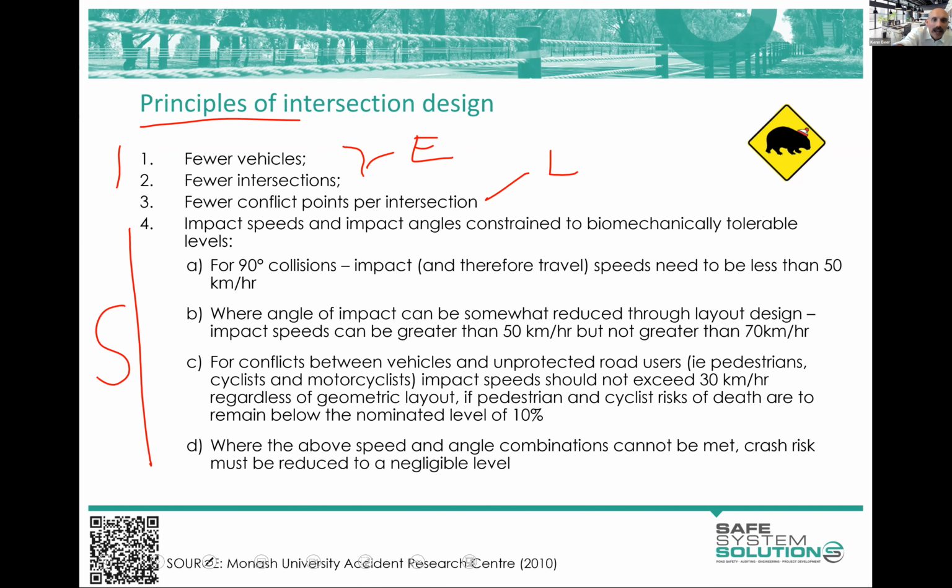And those are the angles and the speeds and thinking about our biomechanically tolerable levels. And you see there, 90 degrees is around that 50 kilometers per hour. If you can get a bit more angle on it, we can increase speed a bit. This is passenger vehicle to passenger vehicle.